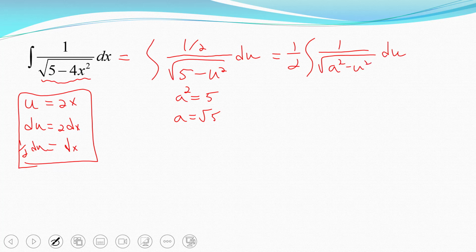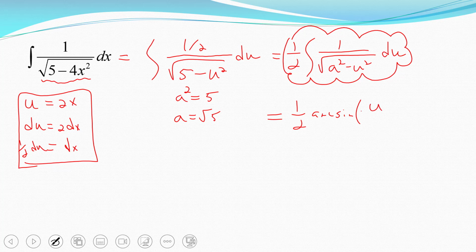That's fine. Really, no one writes this step, but if you want to include it, you go right ahead. That would then equal 1/2, and by the arc sine rule, that is the arc sine of u over a. But we know what u is.